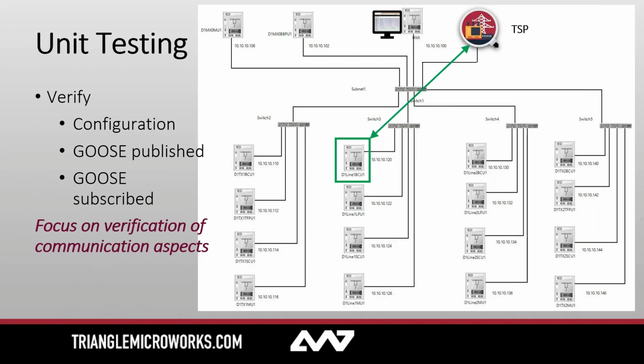We will verify that the device is publishing all the GOOSE messages, and we will verify that the GOOSE messages the device is supposed to receive are also received by the device, so that everything is configured correctly from this perspective. And this you can do using just the test tool and the device under test.